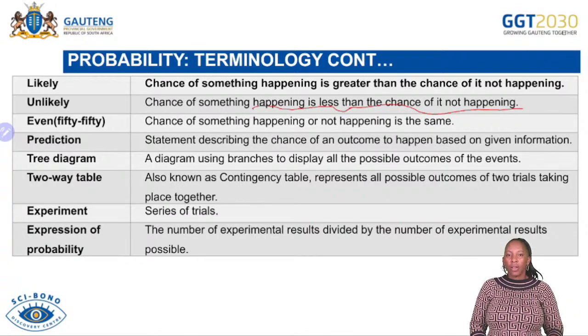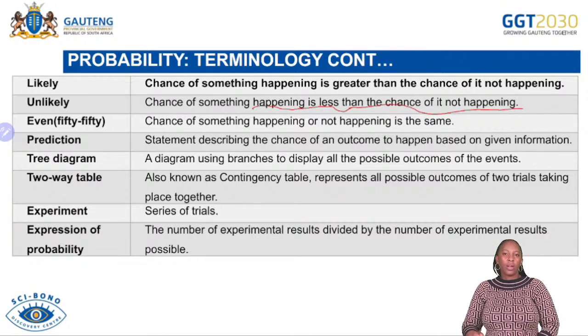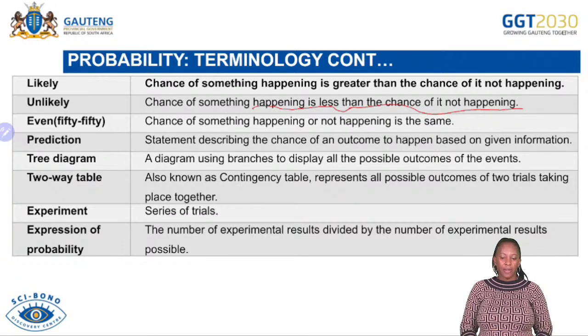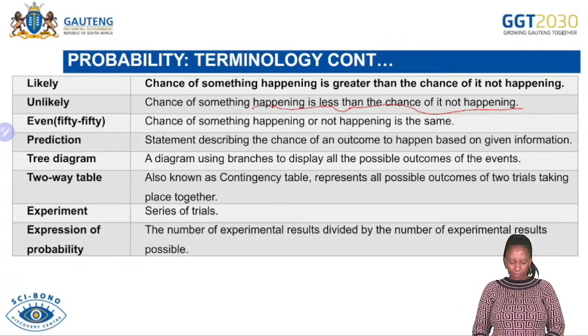Maybe tossing the coin for the first time, these are the results from coin 1 and coin 2. Tossing the coins for the second time, these are the results from coin 1 and coin 2, for the third time, and so on. It depends on the number of trials that you are going to take for you to get the results.